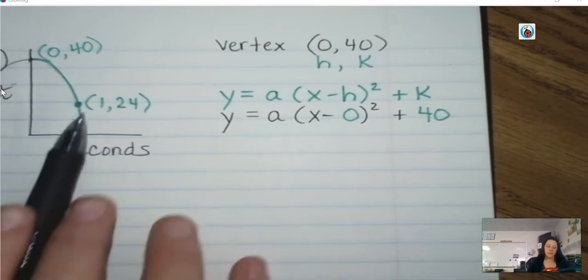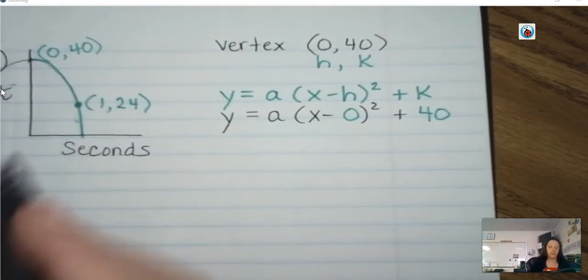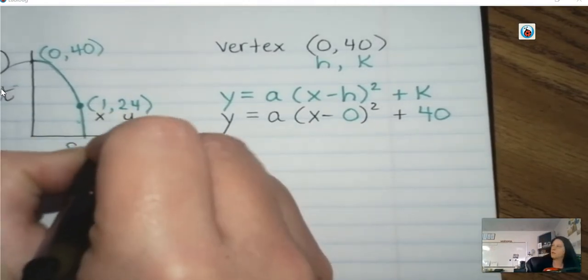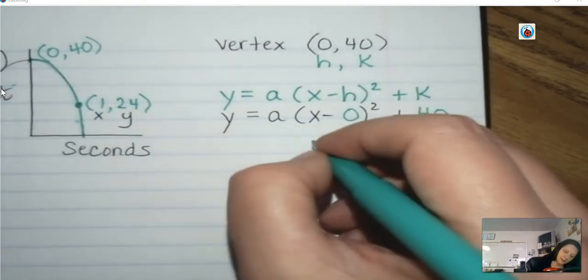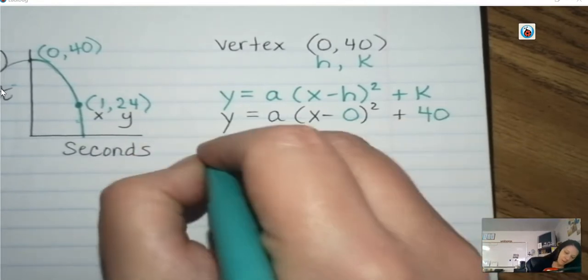And then this is the step where we plug in the other point. So the other point is x, y. So plug in 1 for x, and the y is 24.